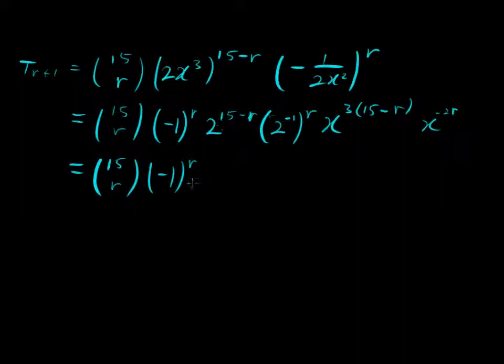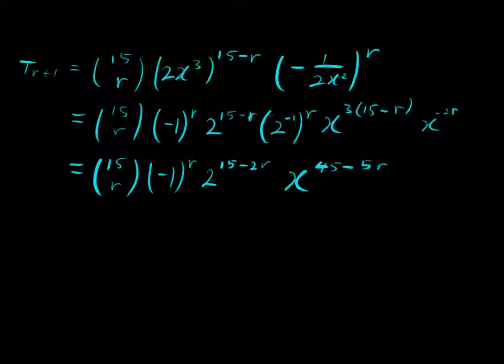We can combine the two 2s into a single term, which is 2 to the power of 15 − 2r. For the x, we multiply the 3 into the bracket and include the −2r into a single term, so we get x to the power of 45 − 5r.